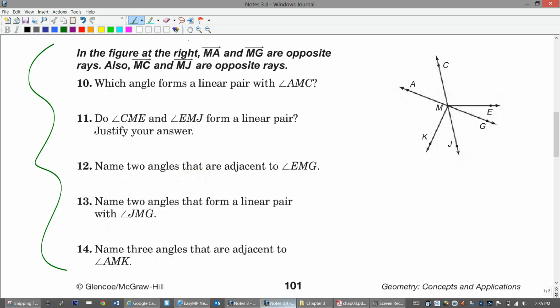Okay, what angle forms a linear pair with AMC? Well, let's answer this. AMC is this one. A way to determine one that makes a linear pair with that is to just extend one of the rays, so that you match it up with another angle that makes a straight line. So I would say extend this ray, which would make this angle right there.